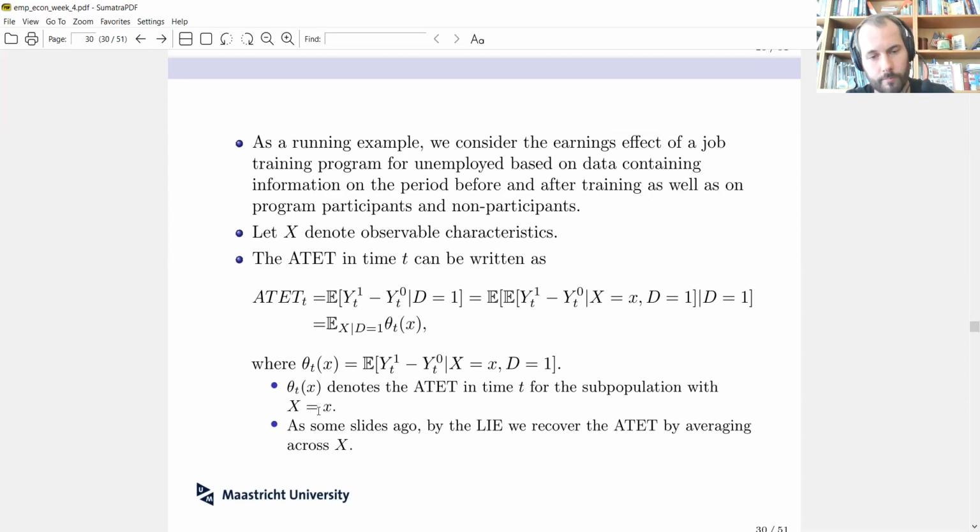So for instance, for all people that work in the IT sector. And as we said, if we want to generalize this to the whole population, we have to average this across all potential outcomes of X. So for everyone in the IT sector, for everyone in the construction sector, services, whatever, we average across all potential outcomes of X.